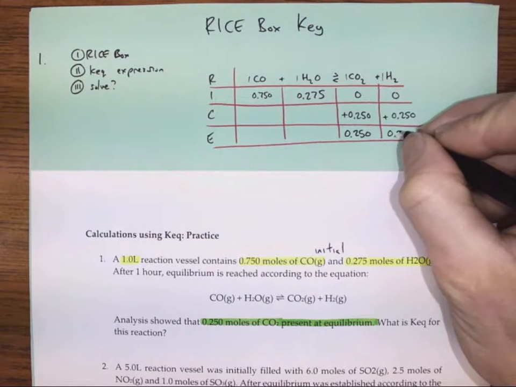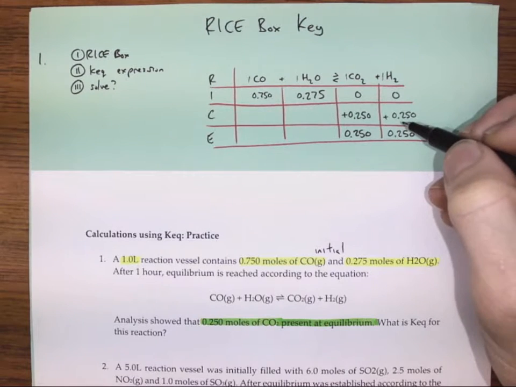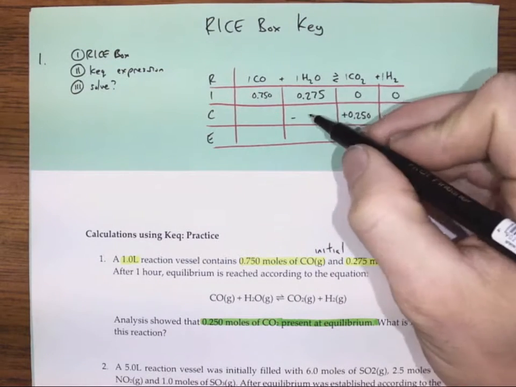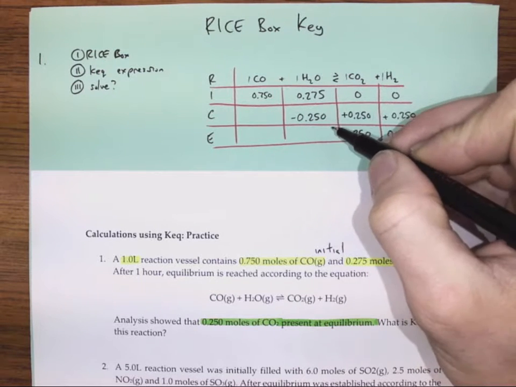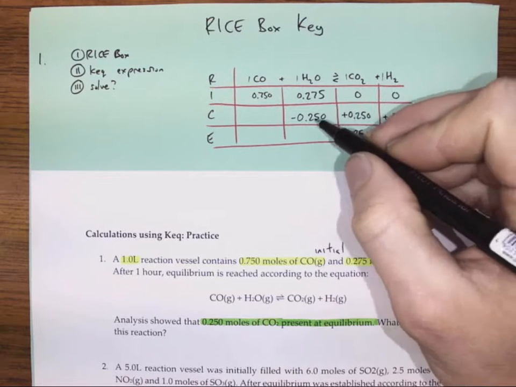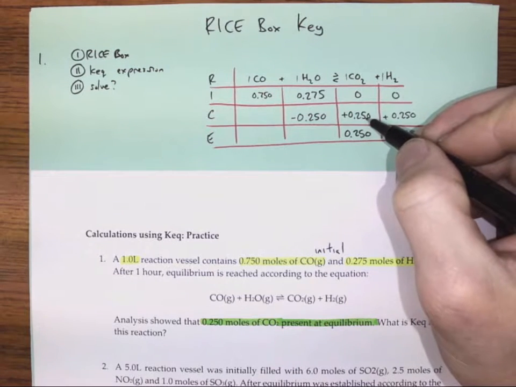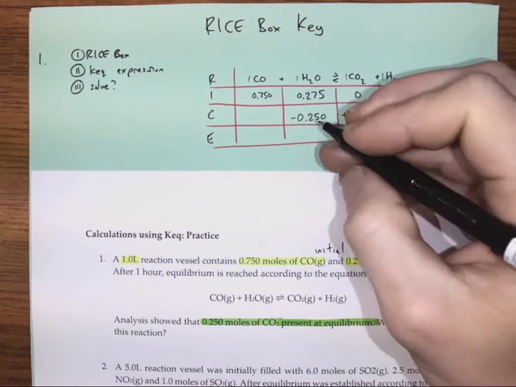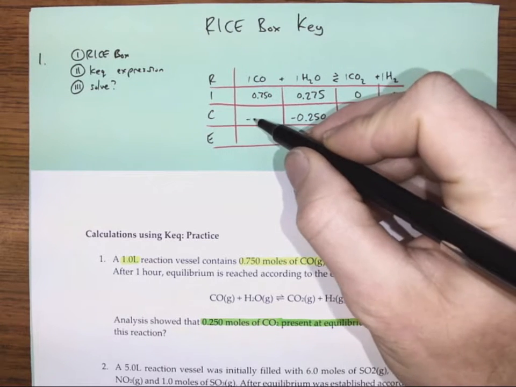And if that's true, that means I must have lost 1/4 mole of water, because for every part of a mole of carbon dioxide I make, I have to have consumed the same number of parts of a mole of water. And the same logic is true for carbon monoxide over here.